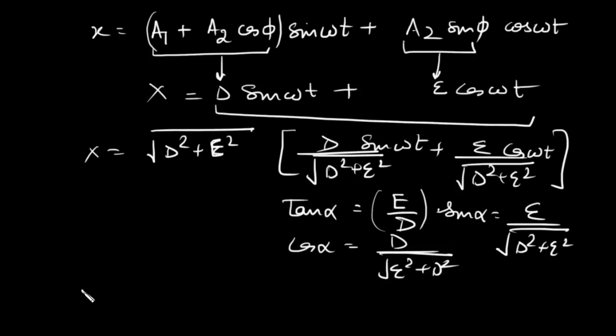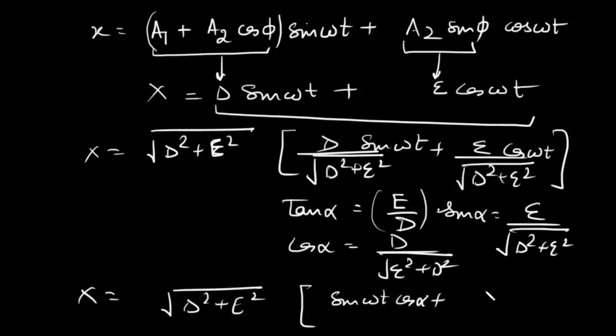So we can reduce this equation to root D square plus E square times sin omega t cos alpha plus cos omega t sin alpha, right? Sin A cos B plus cos A sin B is sin of A plus B. This means this will be root under D square plus E square times sin of omega t plus alpha.